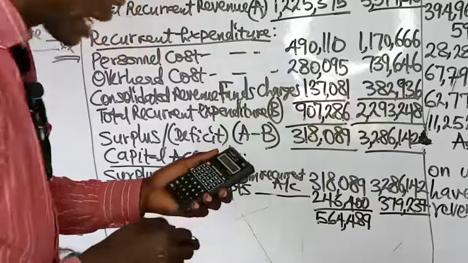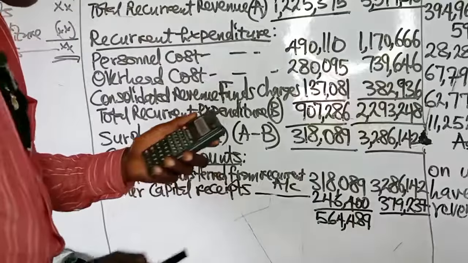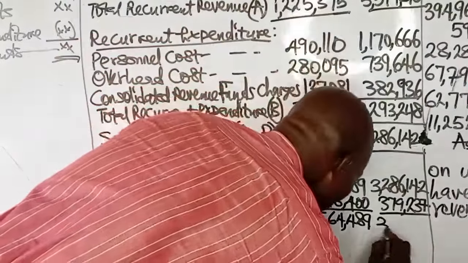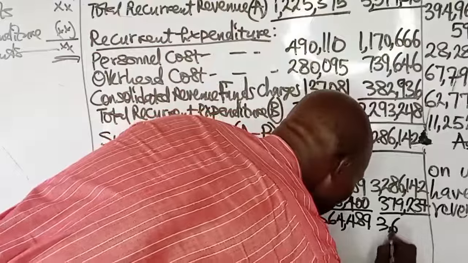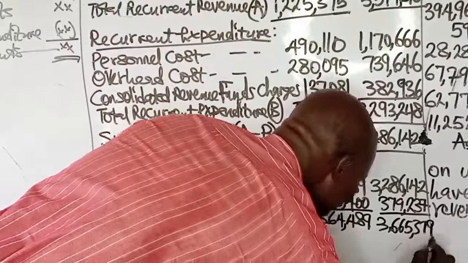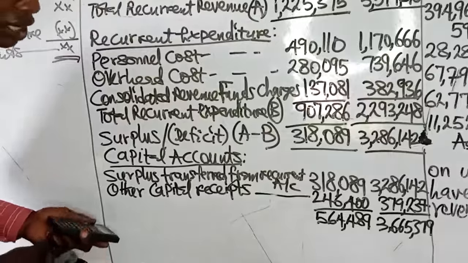Then that is totaled 3,665,379. This is the total capital receipts.